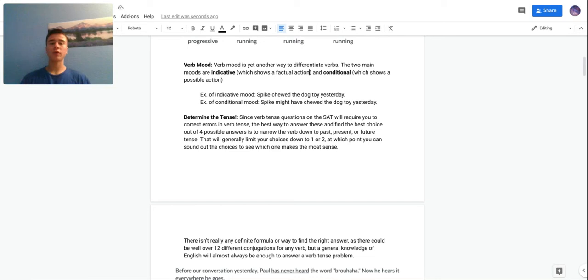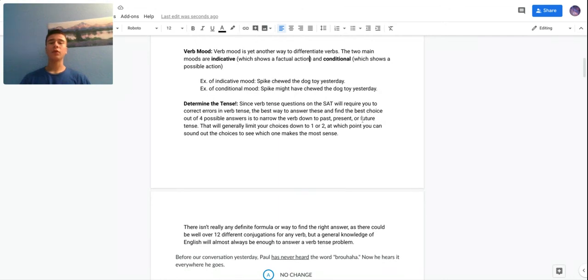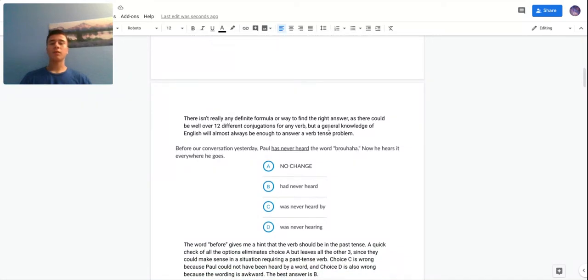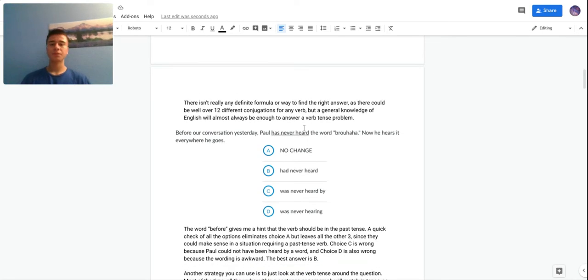It'll limit your choices to one or two, generally two, sometimes three. At that point, you can just substitute them in to see which one makes the most sense. Know the right tense, and if you have a general knowledge of English, one choice will sound the best.